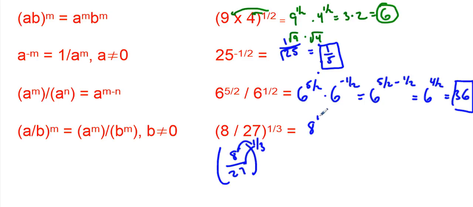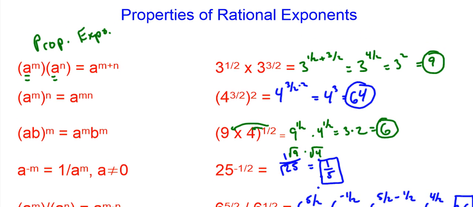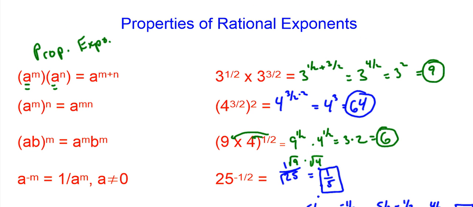So 8 to the 1/3 over 27 to the 1/3, which is 2 over 3, because the cube root of 8 is 2, and the cube root of 27 is 3, and that's what we got. So the properties of exponents are the same properties as when you have rational exponents.